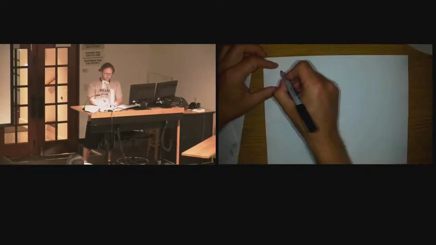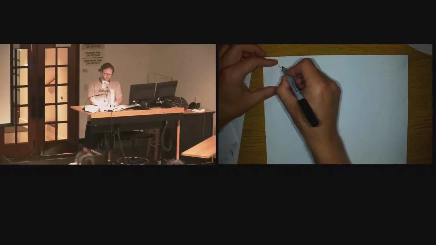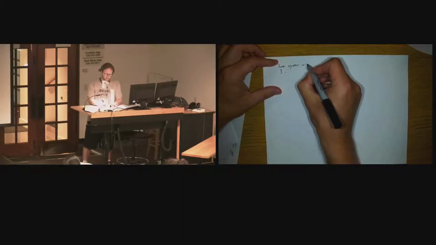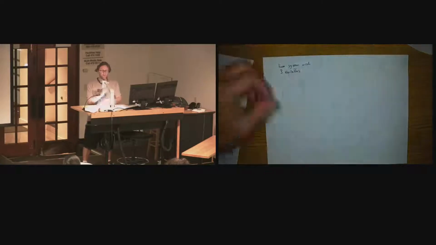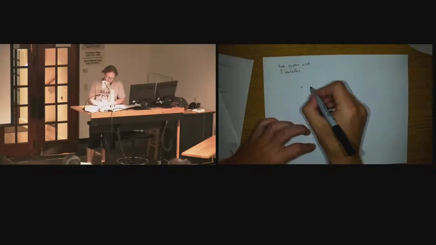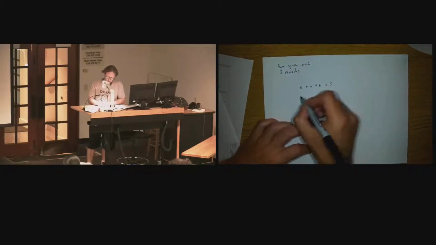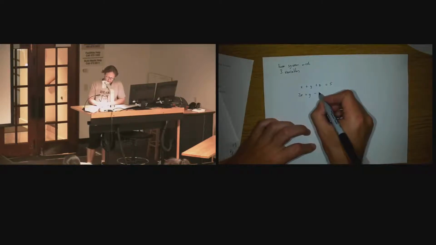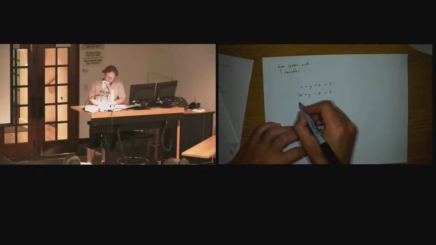What if I gave you a linear system with 3 variables? What would you have to do then? So let me go ahead and just make a system up. x plus y plus z is equal to 5. 2x plus y minus z is equal to 7. 3x.